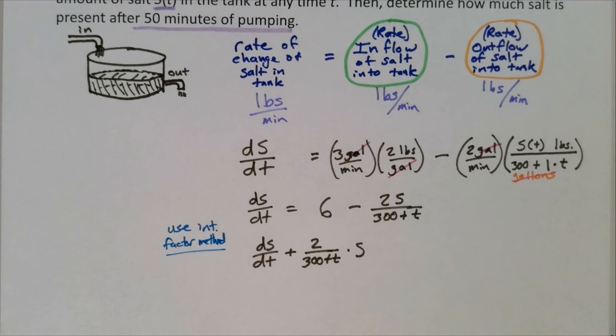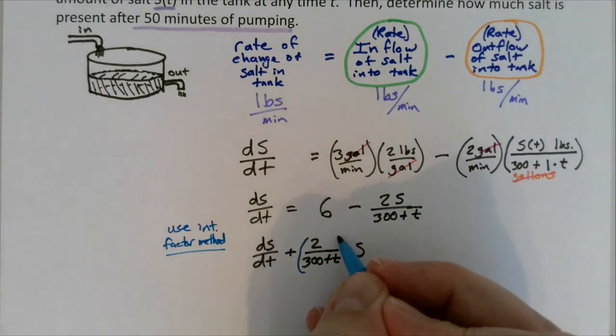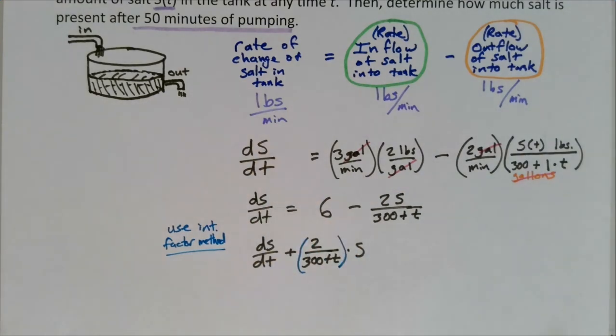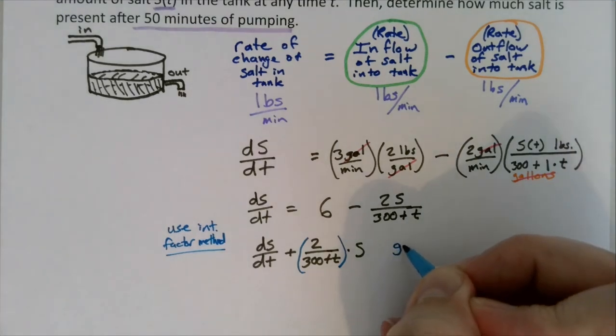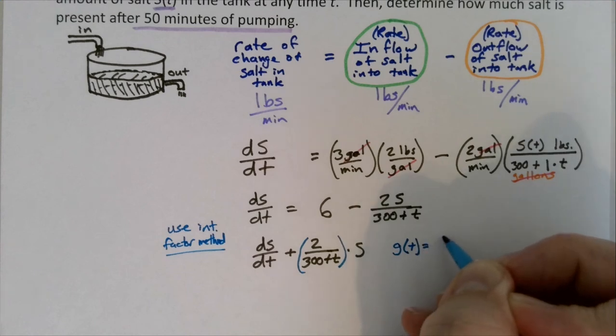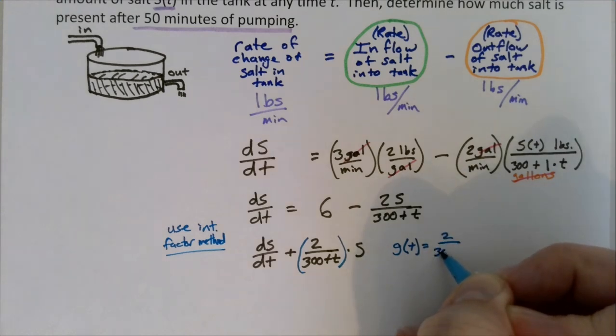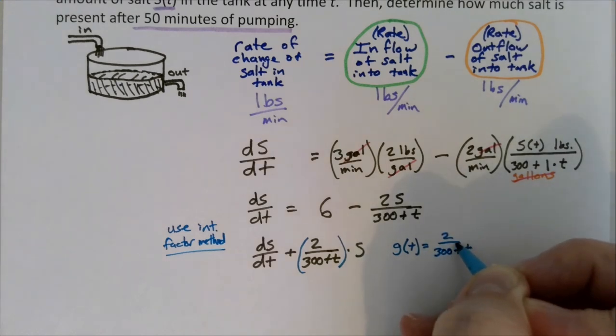And so this thing up front is going to be my g function. And that's what I can use to figure out what my integrating factor is, what I need to multiply through. So I say my g, in this case g of t, is equal to 2 over 300 plus t.